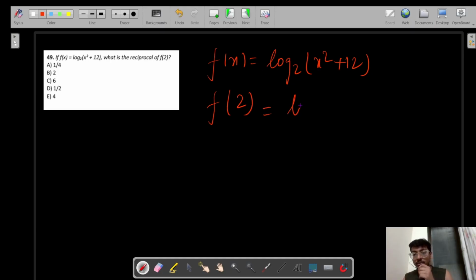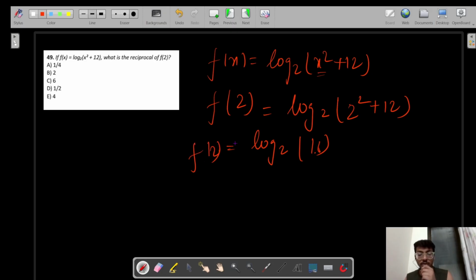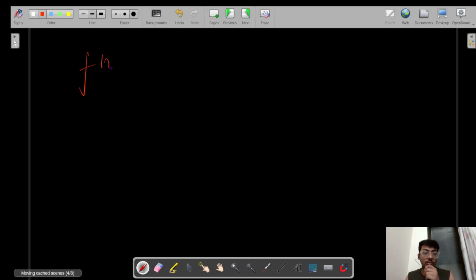So let's do it. This is log base 2 of 2 square plus 12, which is log base 2 of 4 plus 12, so this is 16. So your f of 2 is nothing but log base 2 of 16.